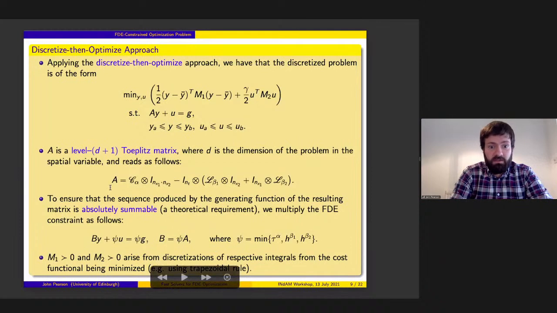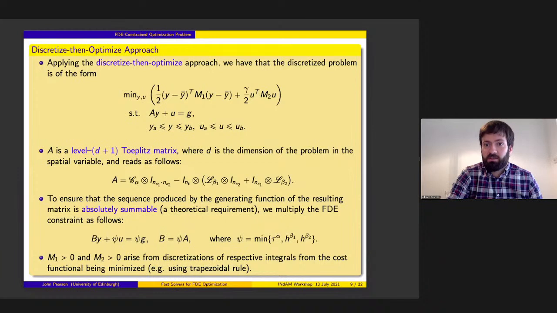This just gives precise details about what A is. It's the term arising from the Caputo derivative, Kronecker product with an identity matrix corresponding to the spatial dimension, minus an identity corresponding to the number of time points, Kronecker product with the discretization of the PDE, which involve these symmetric dense matrices coming from the Riesz term.